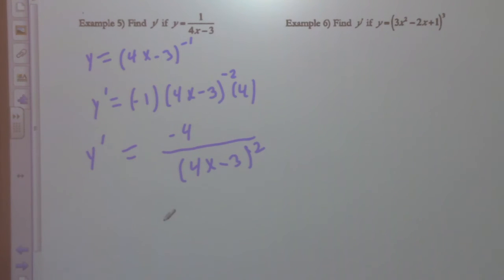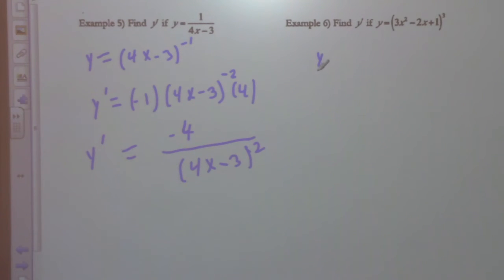Okay, now, how could you have done this alternatively, according to what we've done so far this year? There's something we did that starts with a Q. The quotient rule, okay?